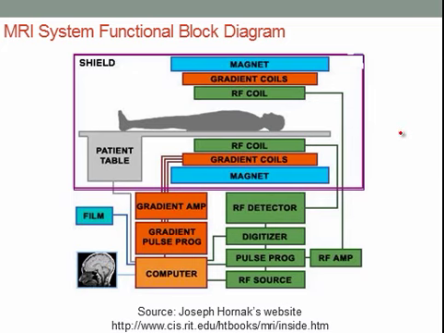So let's just look at one image of a functional block diagram. I borrowed this from Joseph Hornak's website. Here he's showing the shield. So what is the shield? This is not to scale. The room that the MRI machine, the actual magnet, is in, is surrounded by a layer of copper.